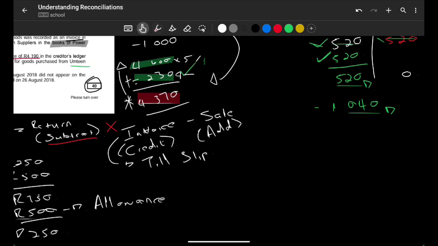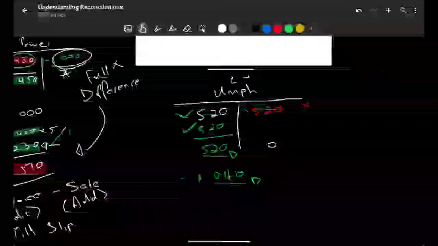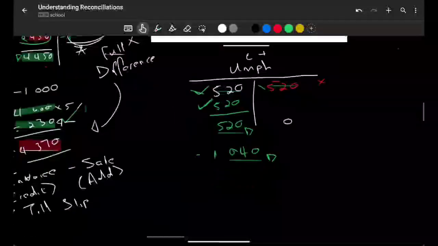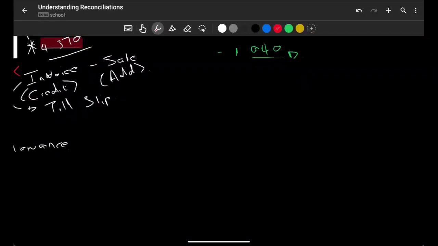Two parts to this question. One, we have to fix our mistake, right? So this is Suppliers. Suppliers liability minus plus, right?